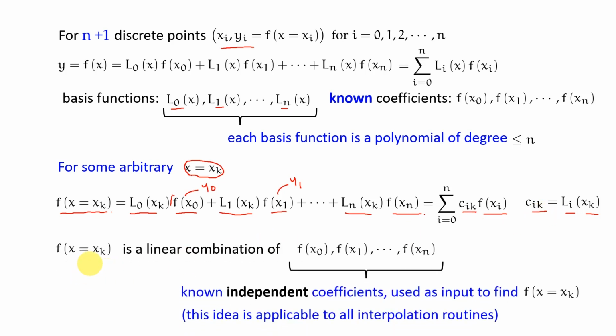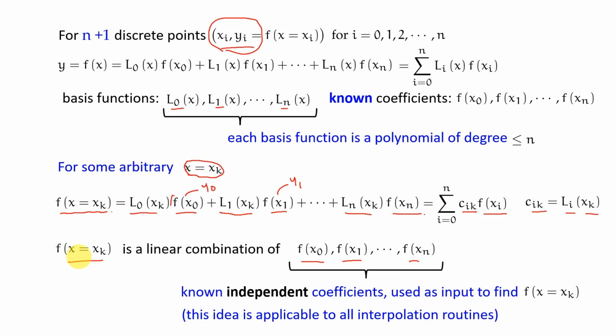So you can see that at a given point x equal to xk, the value of f that we are getting, f at x equal to xk, is essentially a linear combination of the different f(x0), f(x1), etc., which we have received from the given data.